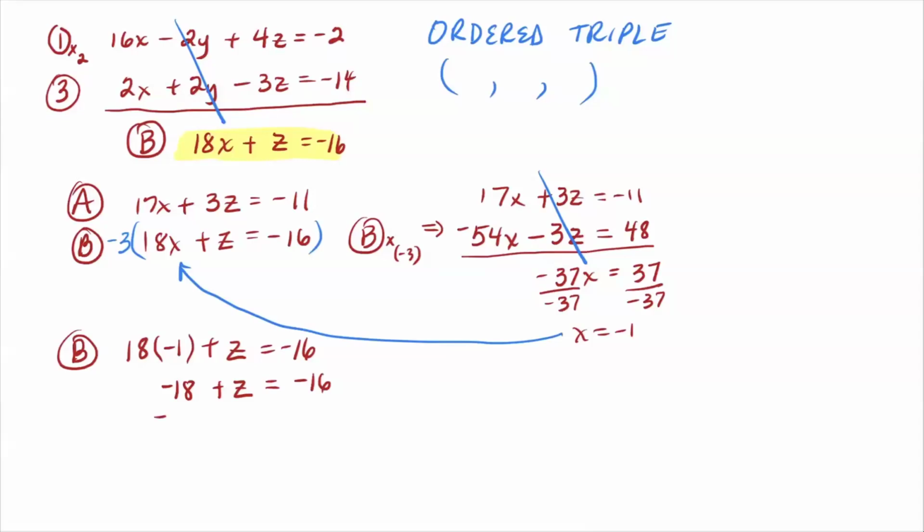And then if I add 18 to both sides, we end up with z equals 2.